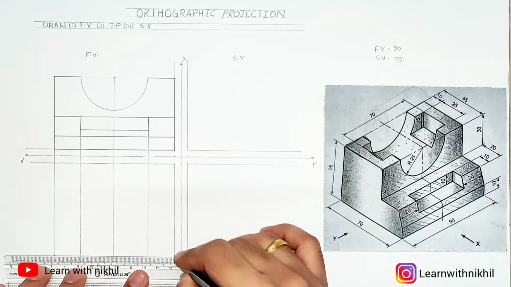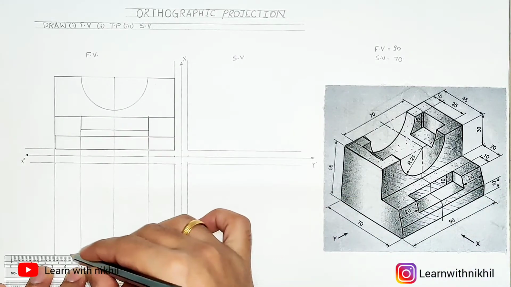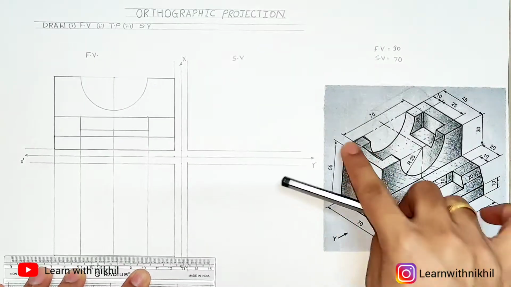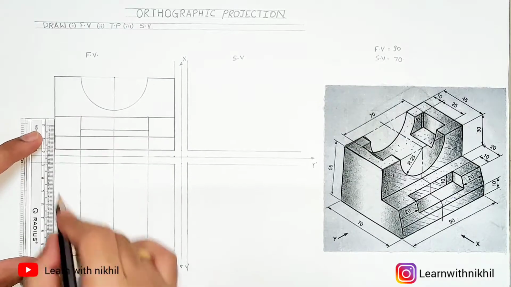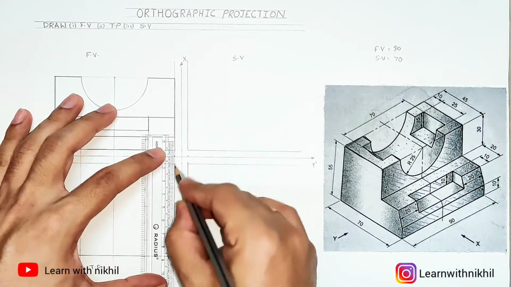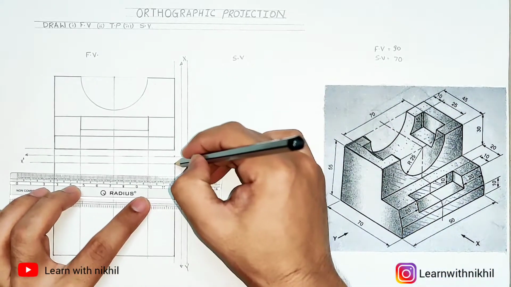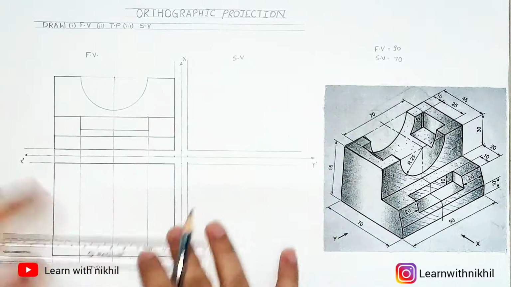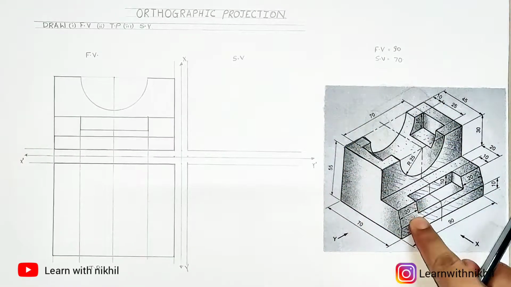From the top view, this whole block will look like a rectangular box with width as 90 and height as 70. So from the top, it will look like a rectangular box.